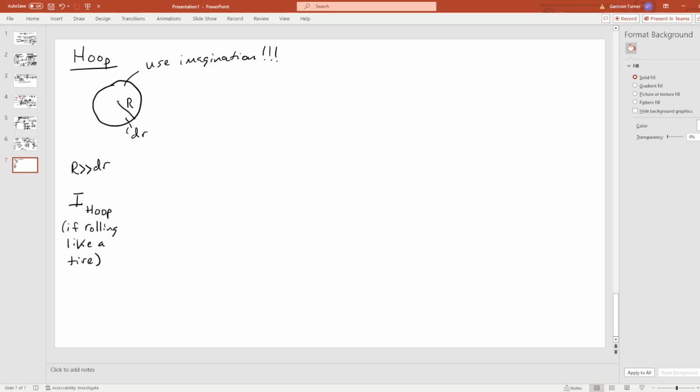So what that means is there's like a central axis coming out, and we are rolling about that axis like this. Okay? So if we have a central axis, then each piece of the hoop, I can break this up into infinitesimal pieces, and each piece will have dm, and they each lie a distance capital R away from the axis of rotation.